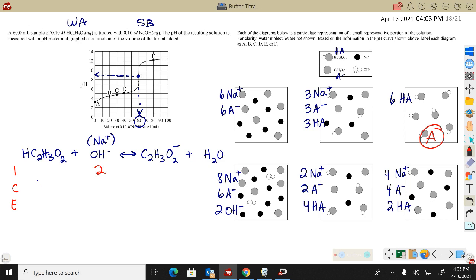Okay, now I see that after a reaction has occurred, there's 4 of the HA. So what if I put this in as 4 of the HA? And now technically, there's no hydroxide in this container. There's just the 2 sodium left over.